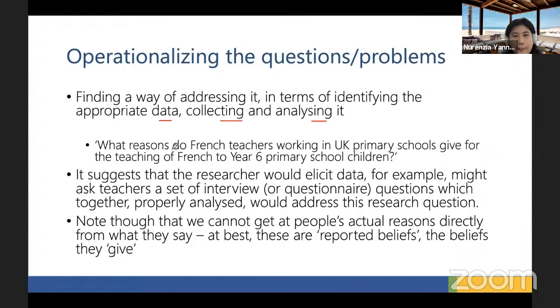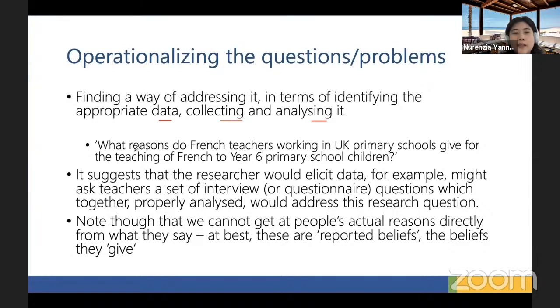For example, let's have a look at this research question. What reasons do French teachers working in UK primary schools give for the teaching of French to year 6 primary school children? It suggests that the researcher would elicit data, for example, might ask teachers a set of interview or questionnaire questions, which together, if properly analyzed, would address this research question. Ya, jadi kalau research questionnya seperti ini, gimana cara menjawabnya?